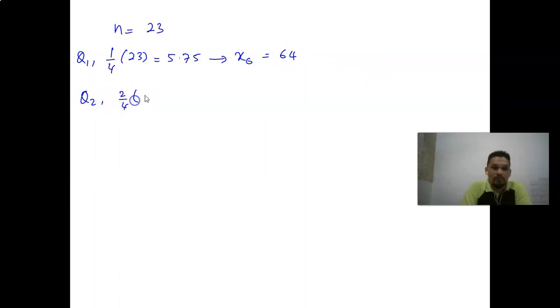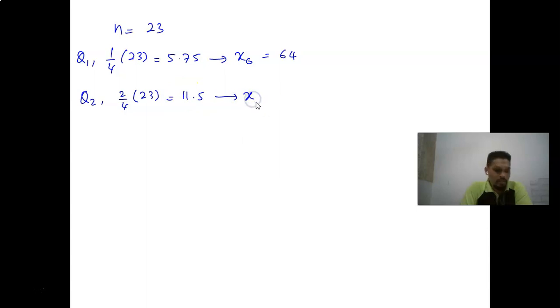So then 1/4 times 23 equals 5.75. So we come up with the 6th observation as Q1, as the first quartile, which is equal to 64. Okay, the second quartile, which is 2 over 4 or 1 over 2 times 23, equals 11.5.